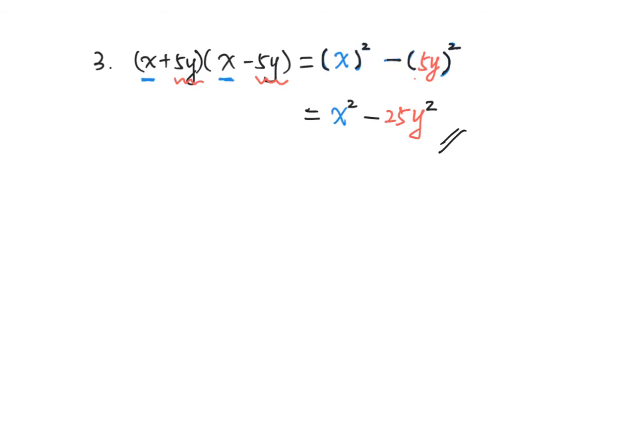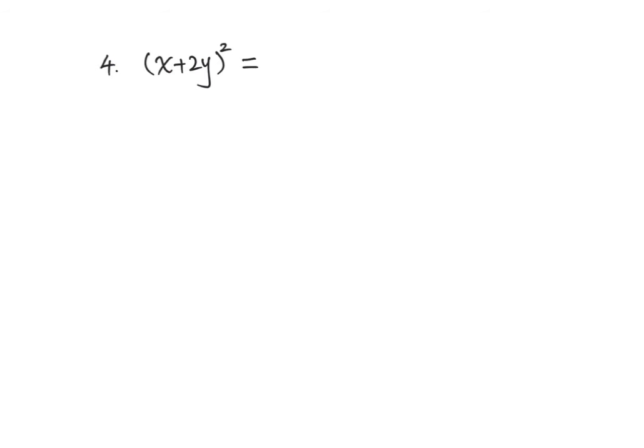That's it. For the fourth example, we cannot apply the same identity, the difference of 2 squares. Here we need to understand that x plus 2y bracket to the power 2 is the same format as the perfect square identity.